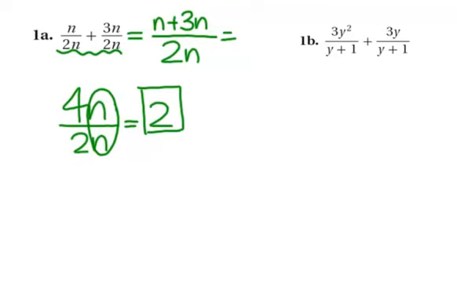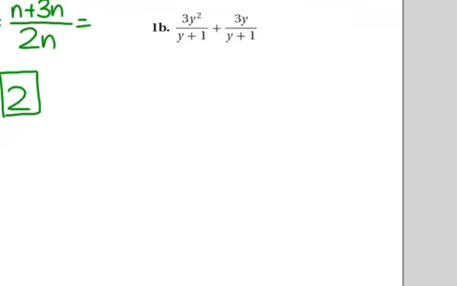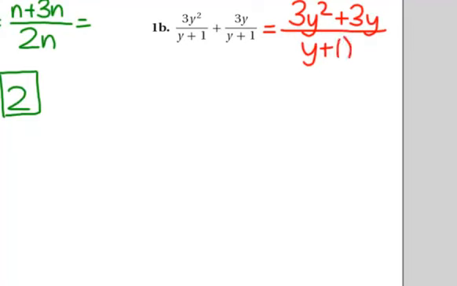Now moving on to the next one, 1b. This one's a little trickier. But because the denominators are the same, just like before, we can add what's in the numerator. 3y squared plus 3y, all divided by y plus 1. So again, we want to see if we can simplify when we get done. So I can't combine anything on the top. You can't add 3y squared and 3y because they're not like terms. But I can factor something out of them.